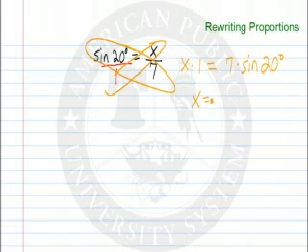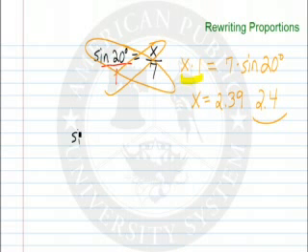Which then gives us x equals 2.39, which we would probably round to 2.4. It's nice when you do the cross products, you get the variable by itself, multiplying x times 1.